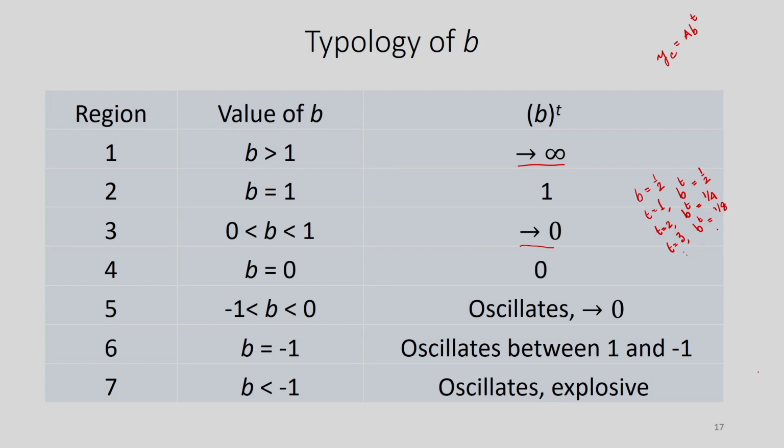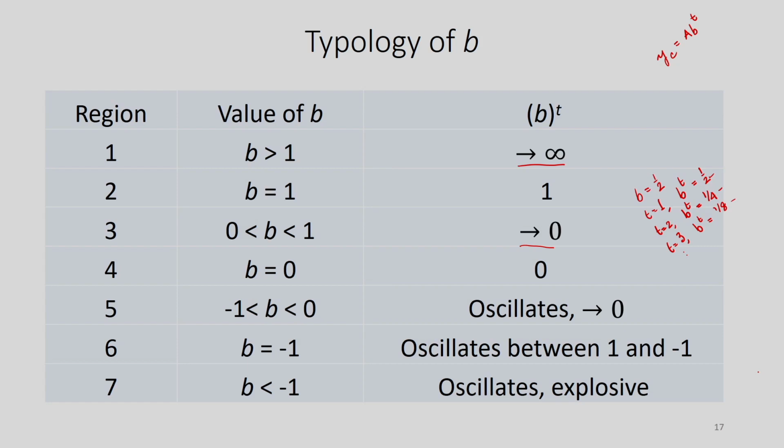So, likewise it will then become 1 divided by 16, 1 divided by 32. What is interesting to note is that the denominator, that is the terms which are appearing here, they are going to infinity as t goes to infinity, and as we know 1 divided by infinity is close to 0. So, that is why I am saying that as t goes to infinity, if b lies between 0 and 1, b to the power t goes to 0.